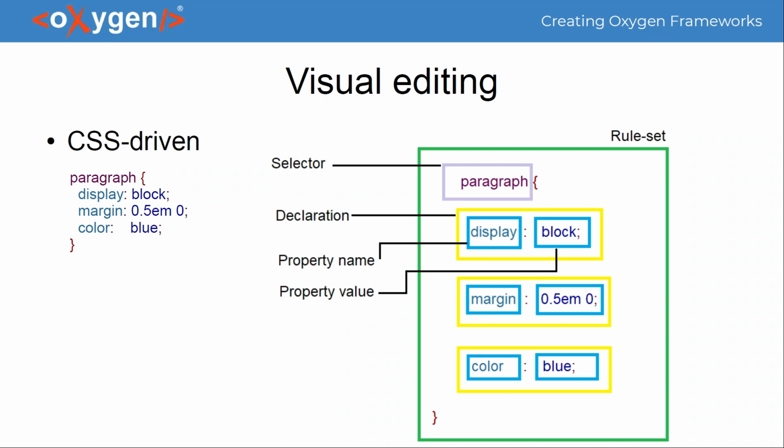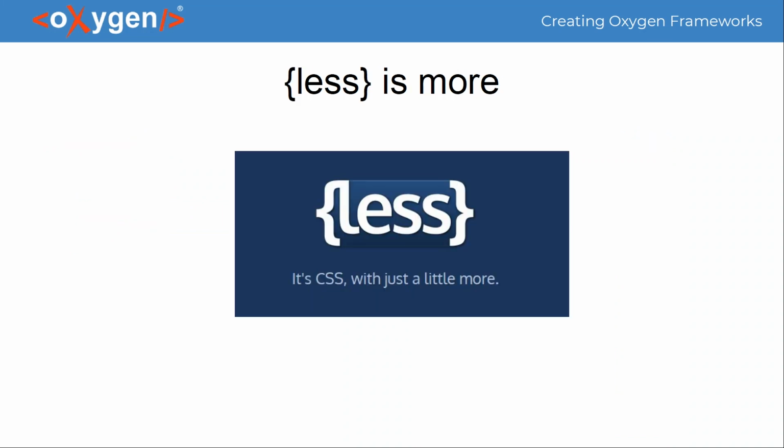So it could take a while. Well, as in many cases, for CSS it proves that less is more. What is less? Less is CSS with just a little more.